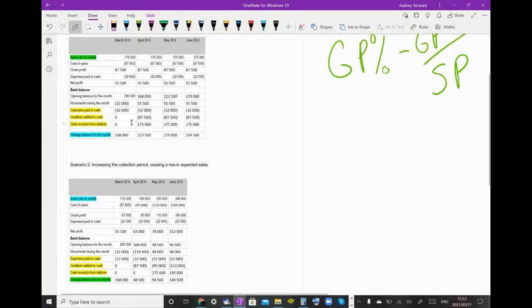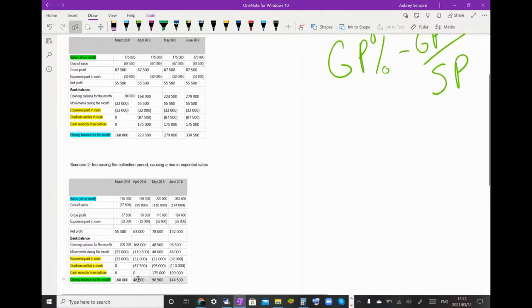Remember here, can you see the creditors collection period? When we had to settle that which we bought on credit hasn't changed, it stayed the same. After 30 days, we have to pay our creditors back. So we're saying, should we actually increase our debtors period when we're not going to increase our creditors settlement period?